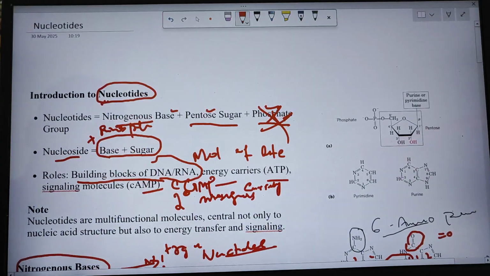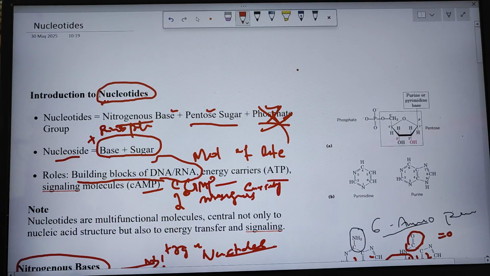Another important feature of this pentose sugar is that it is in 2 forms in the nucleic acids. So the recurring deoxyribonucleotide units of the DNA contain deoxyribose sugar.